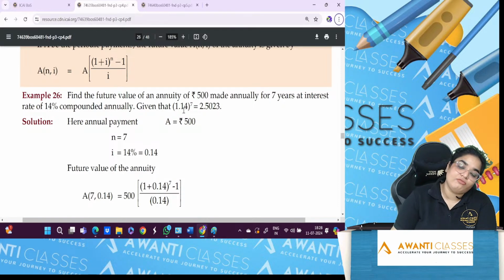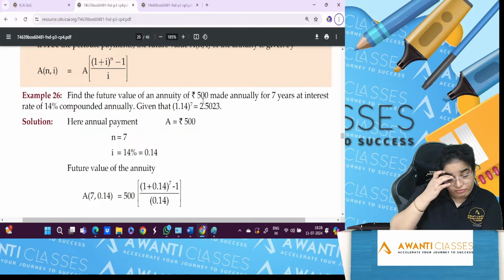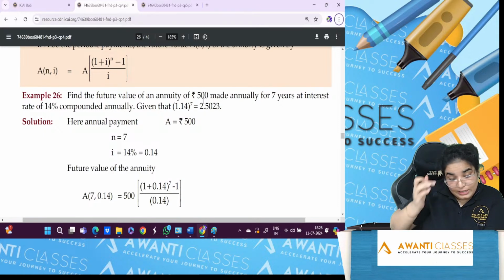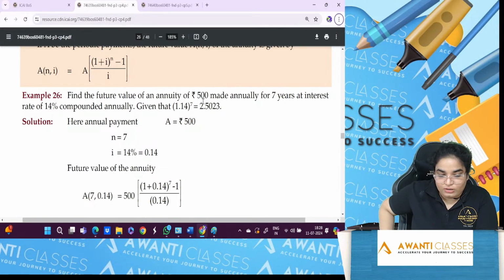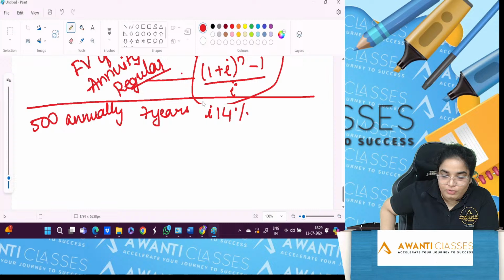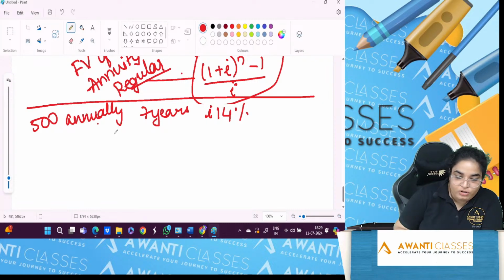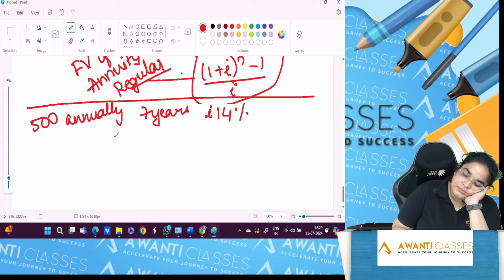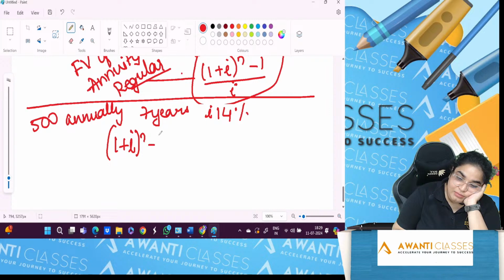See, 1.14 to the power of 7 is equal to 2.5, not 23. Very nice this is, because you won't have to do a lot at all. Just the formula that we did. What was the formula? The formula was (1 plus i)^n minus 1 whole divided by i.